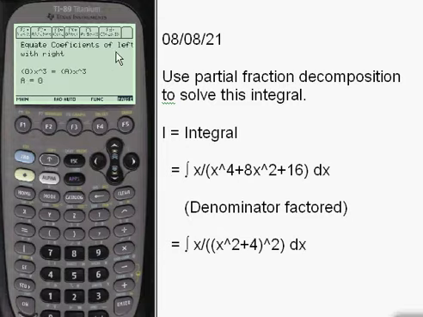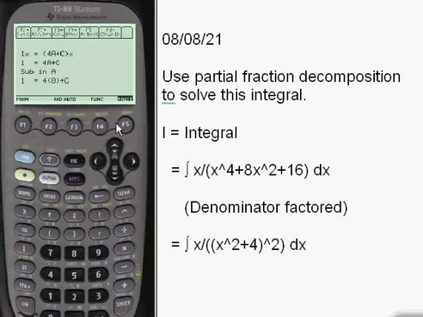We're going to equate the coefficients of the left with the right. There's no x cubed, so it must be 0 for x cubed, and here's ax cubed, so a must equal 0. Same thing with b. There's no x squared in the numerator, so b equals 0.